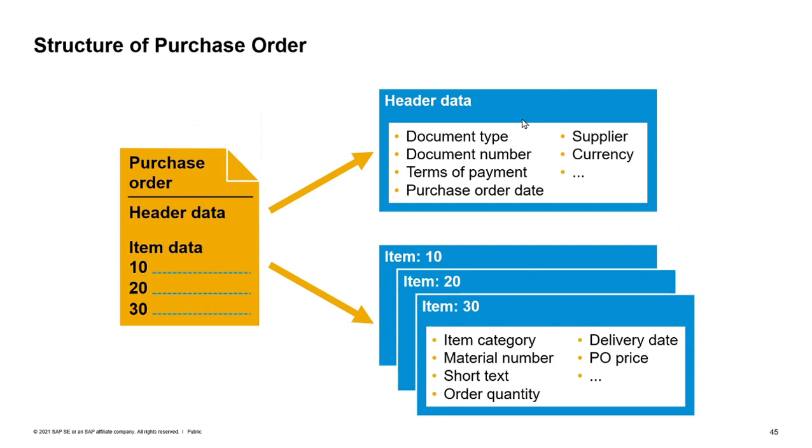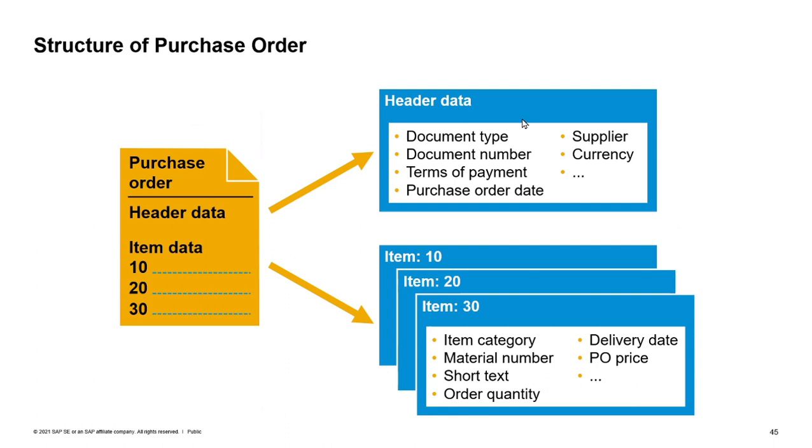And some information for you: document type is used on every purchase document. So it's there even if you're doing something automatically, because you're working only with an external business partner. Again, it's there. Document number, terms of payment, purchase order date, supplier, currency. Yeah, we have that on the header data. Why? Because we want to be sure with whom we are working.